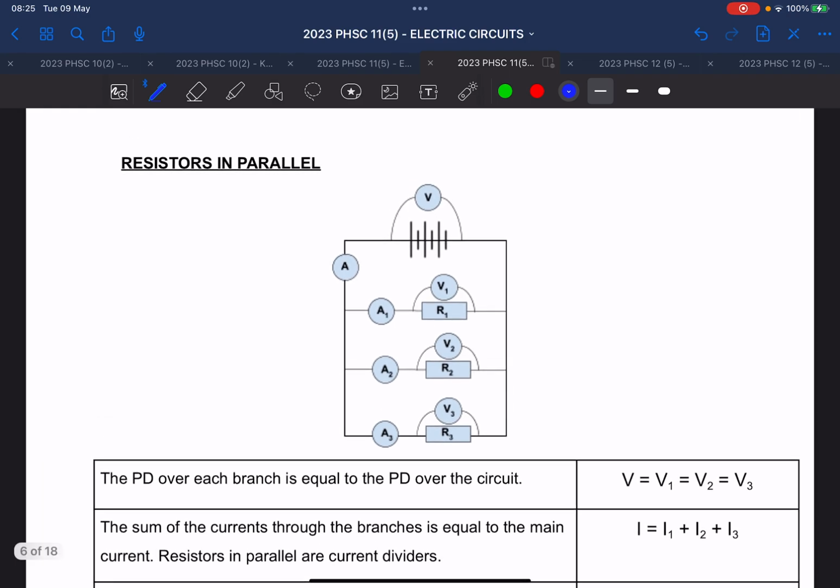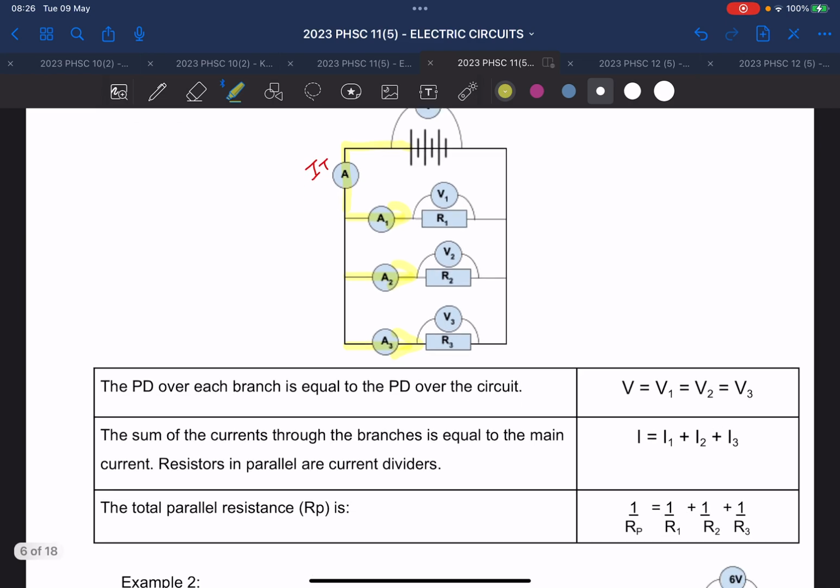So, let's look at parallel resistors again. You can see your current goes through the ammeter, so everyone must pass through that ammeter. That ammeter measures the total current. Then you see it splits up. Some can go there, some can go there, like I showed you in the video this morning. So the current splits up into 3.